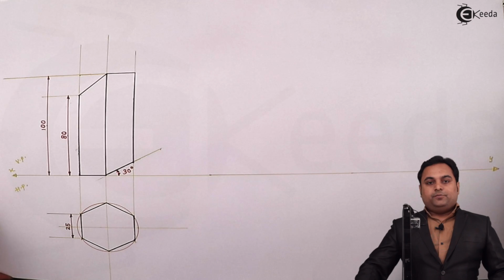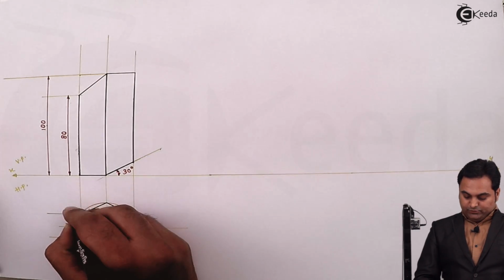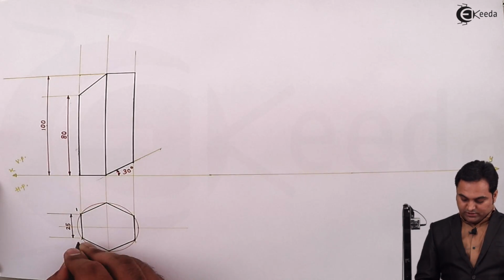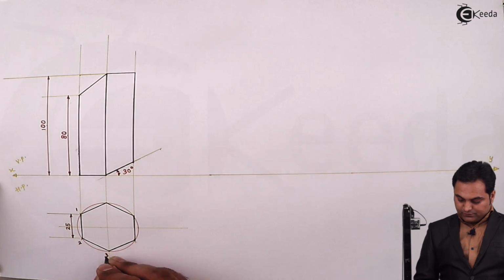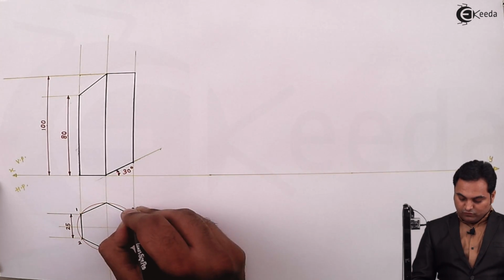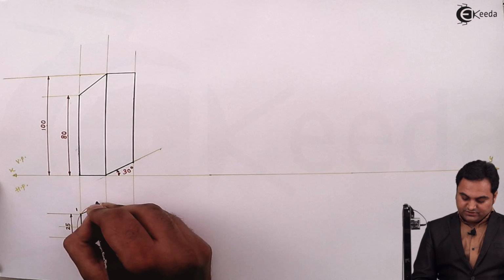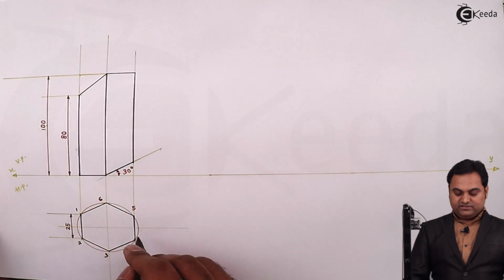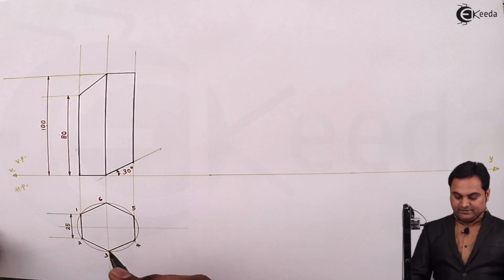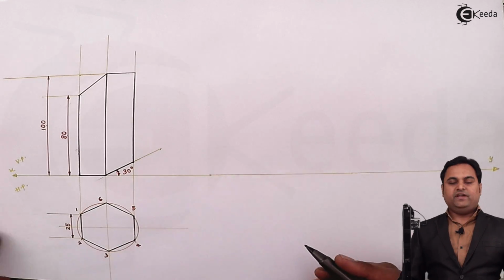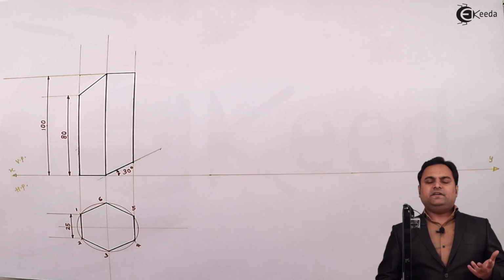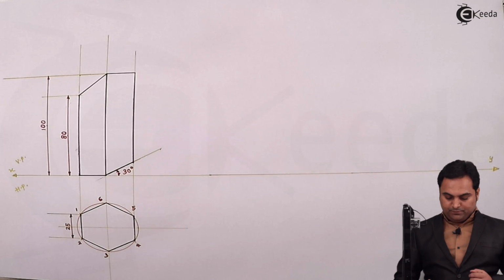So here is the hexagonal prism. I'll give the notations. This is 1, 2, 3, 4, 5 and 6, having 6 corners, and at the same time there are 6 edges of the hexagonal prism, 6 base edges at the bottom and 6 at the top.